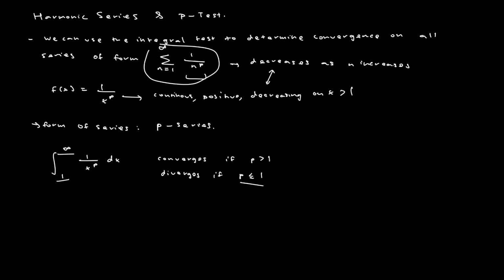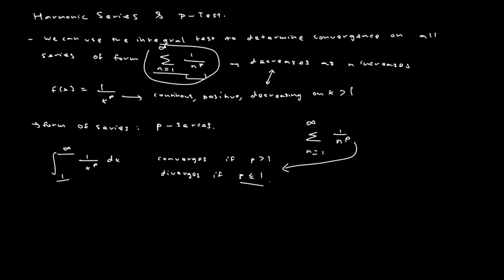And so applying this fact and the fact that we have an analogous series, the integral test tells us that if we have a series in this form, the sum from n equals 1 to infinity of 1 over n to the power of p, because we can use the integral test, if p is greater than 1, since the corresponding integral will converge, so does this series.